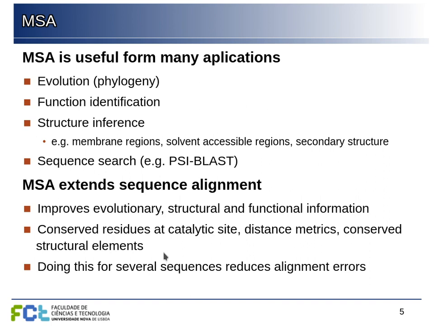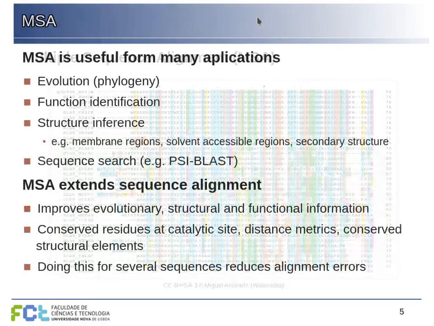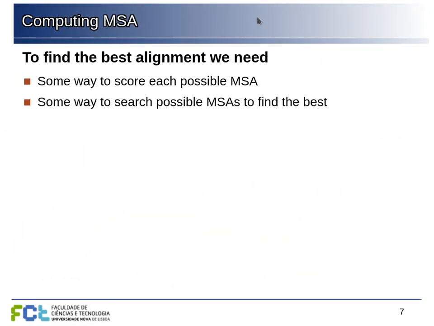So we can better find conserved residues, we can have better metrics of distances between the sequences, and so doing this for a large number of sequences makes the alignment much more reliable because of the enforcement of the consistency between all of these. So each of these sequences must be correctly aligned to all of the others in the multiple sequence alignment.